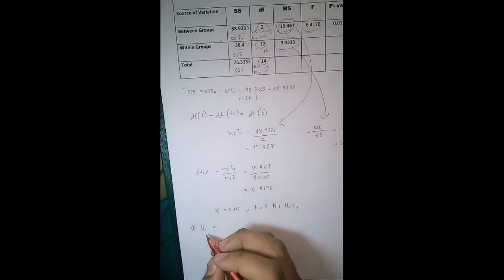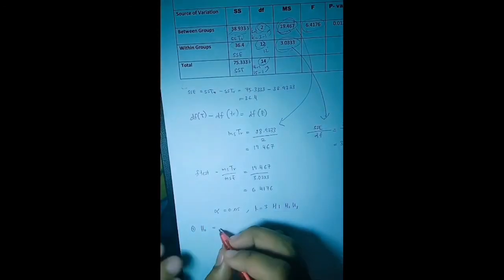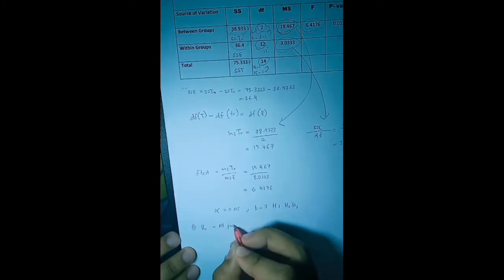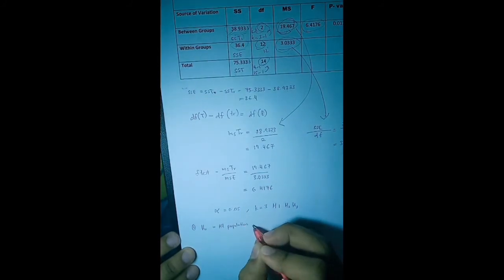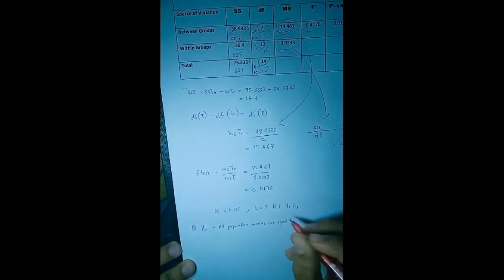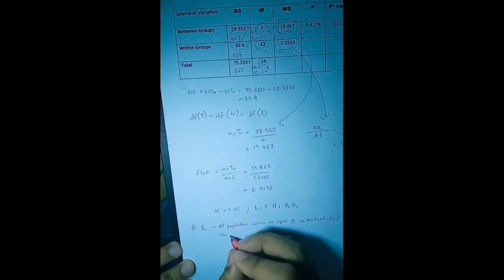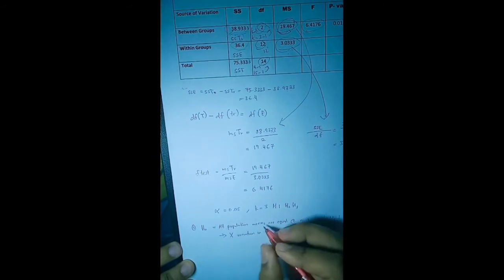The null hypothesis H0 is that all population means are equal, or there is no treatment effect, there is no variation in means among groups.